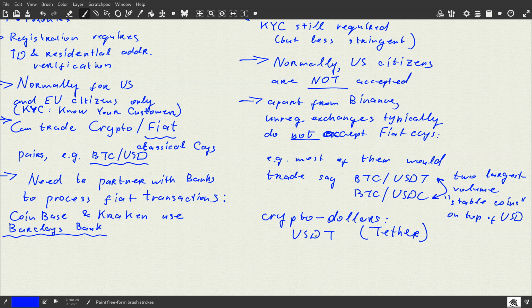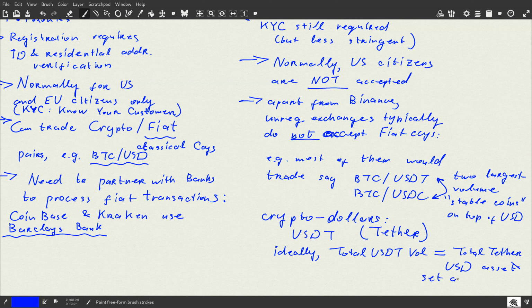So we can say that ideally, total USDT volume should be equal to the total Tether USD assets, not just total USD assets, but total USD assets set aside, which are out of circulation.